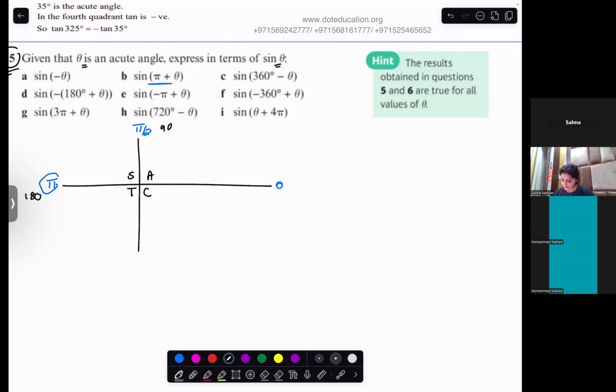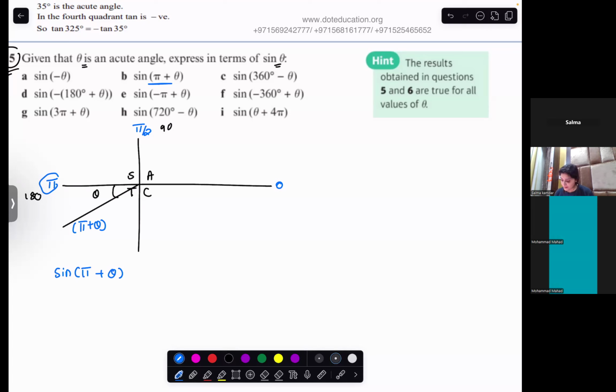Pi plus theta is going to be in the third quadrant. So the line is pi plus theta.